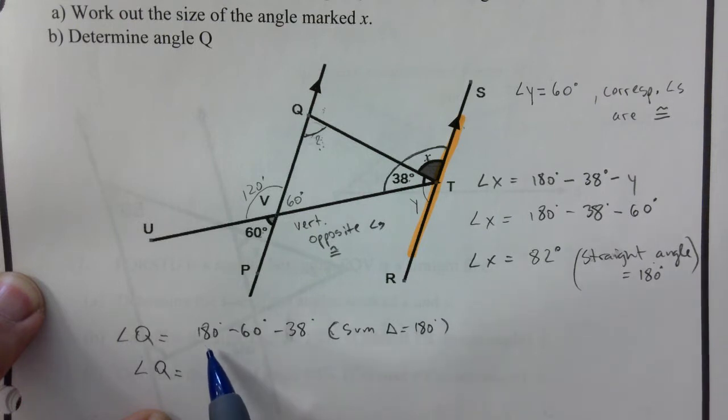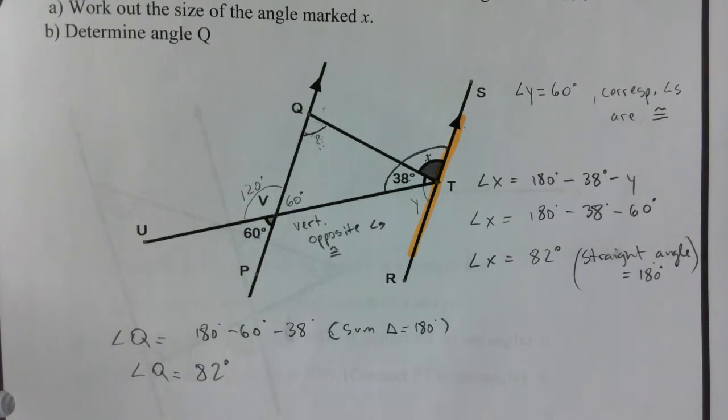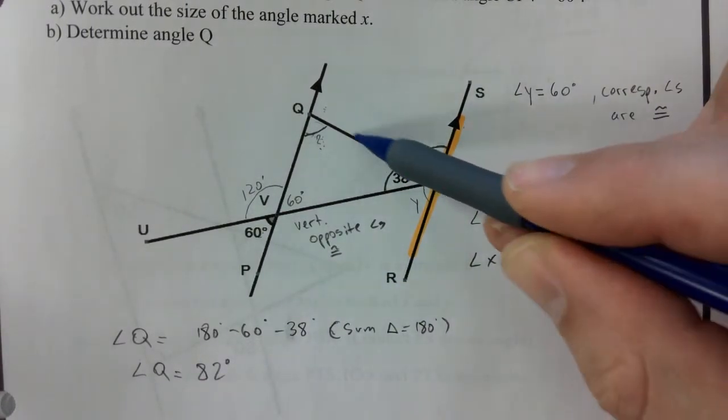Am I doing this right? I'm good, right? Yeah. 82. We could have used alternate interior angles along the transversal.